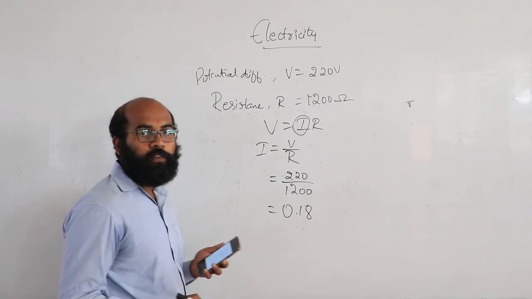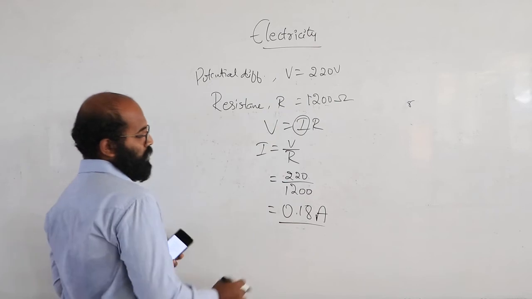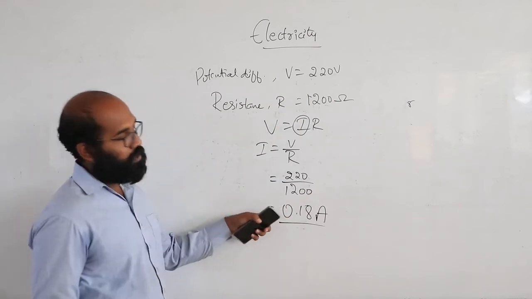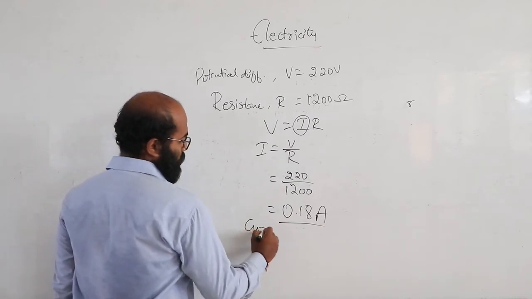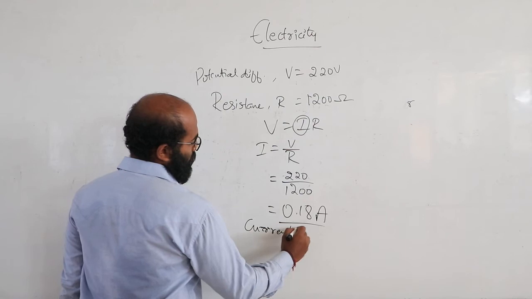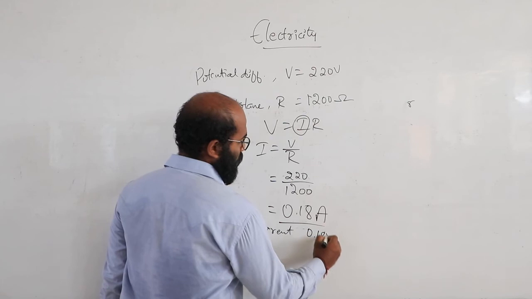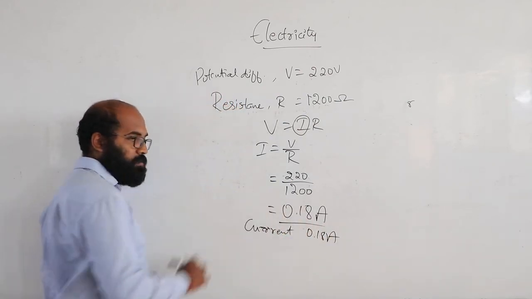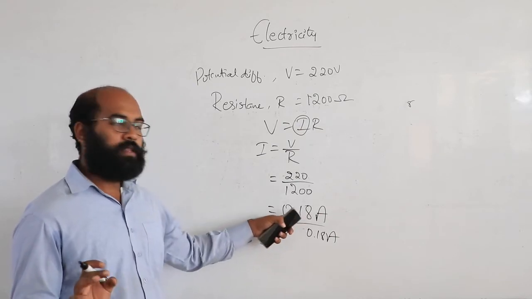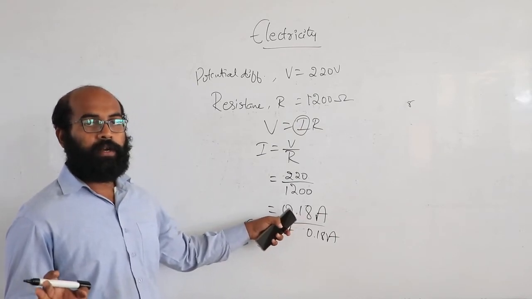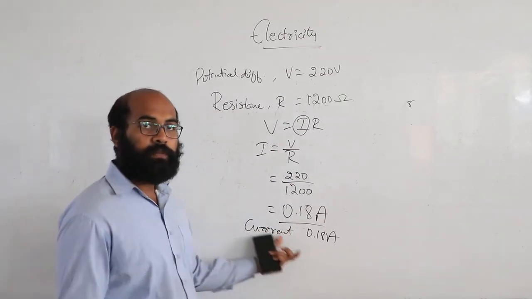The unit of current is ampere, A. You shouldn't just write 0.18 A. Write that the current flowing through the circuit is 0.18 ampere. So write a sentence at the end. Don't just leave it. Well, this is correct, this is not wrong, but try to be expressive. Try to express your answer.